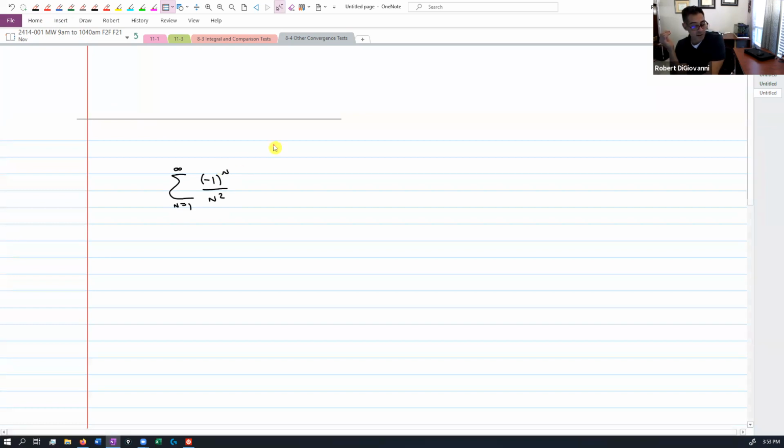So we can run the alternating series test on this, but that's not what I want you to think about. Right now, I want you to look at the sum from n equals 1 to infinity of the absolute value of this thing. And when you take the absolute value, on the top, no matter what's happening with the -1, it's always going to spit out a +1. So this is really going to turn into this series.